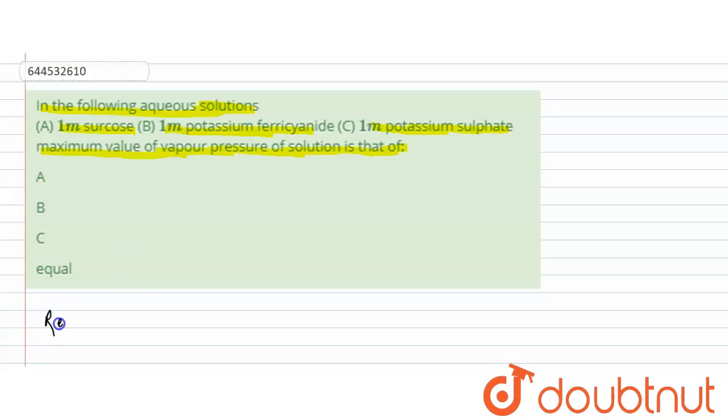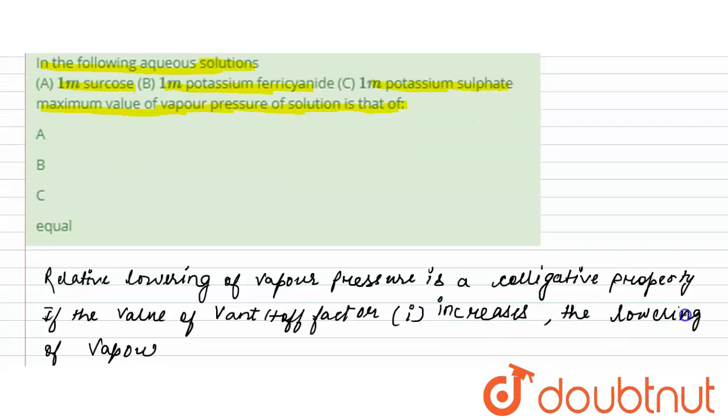So we all know that relative lowering of vapor pressure increases if the value of Van't Hoff factor i increases.